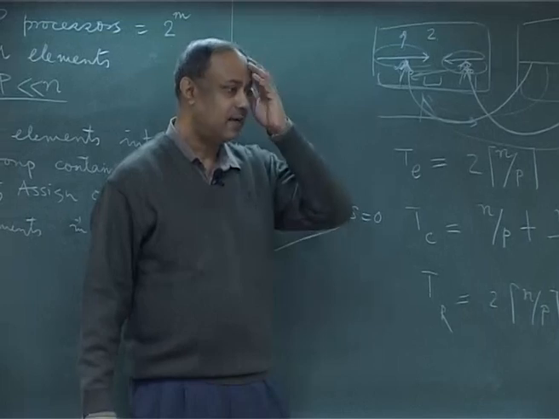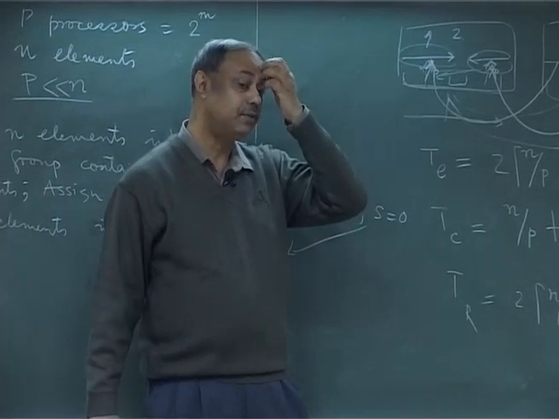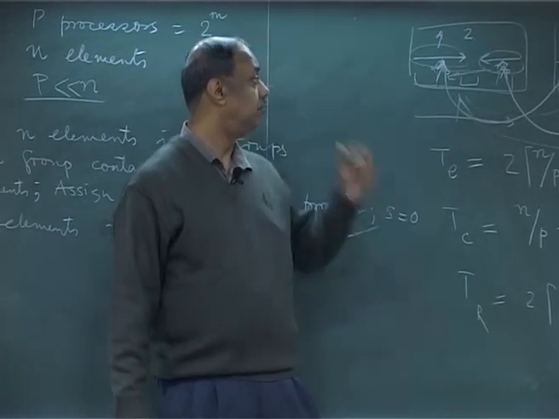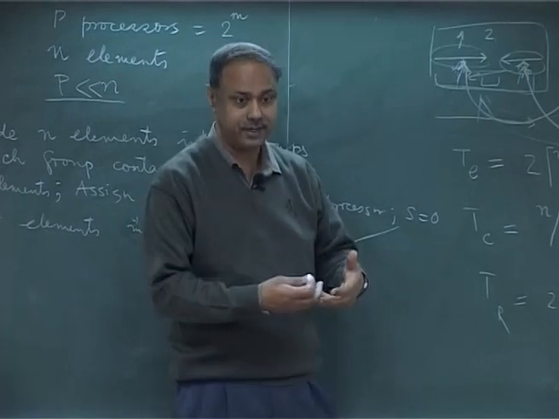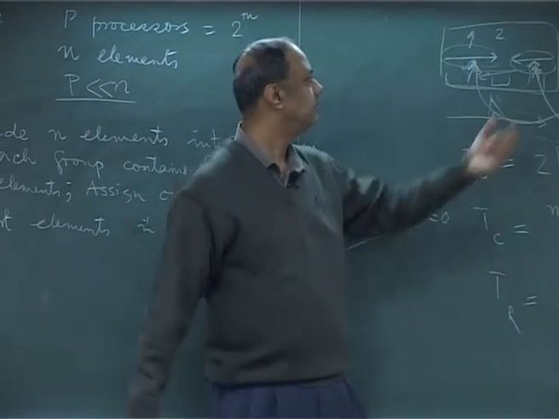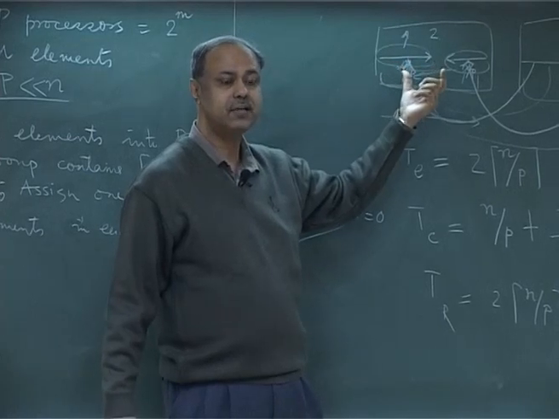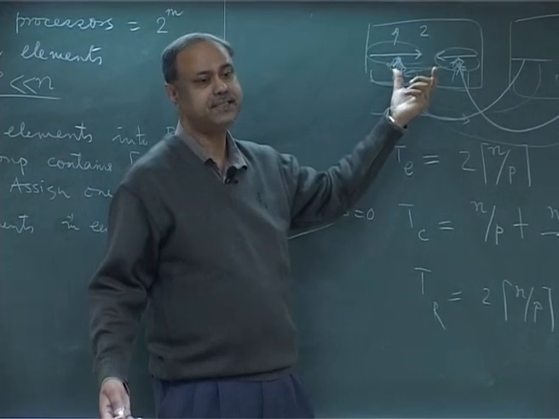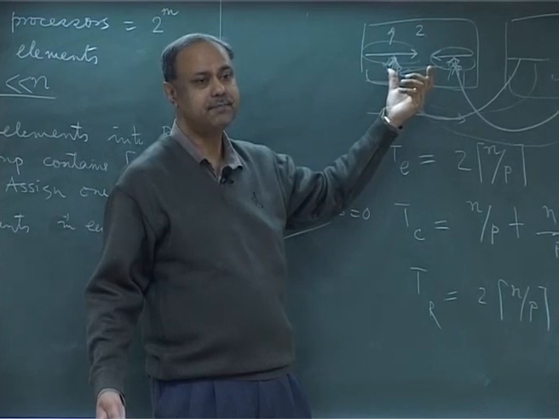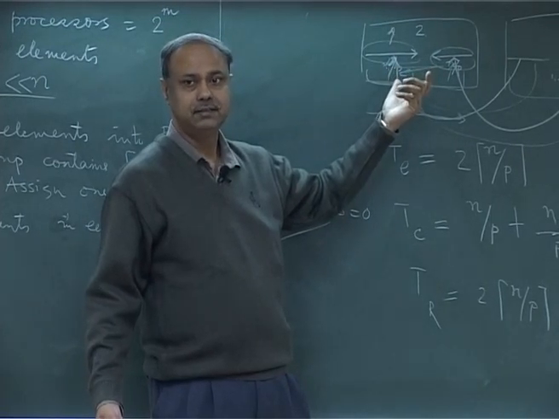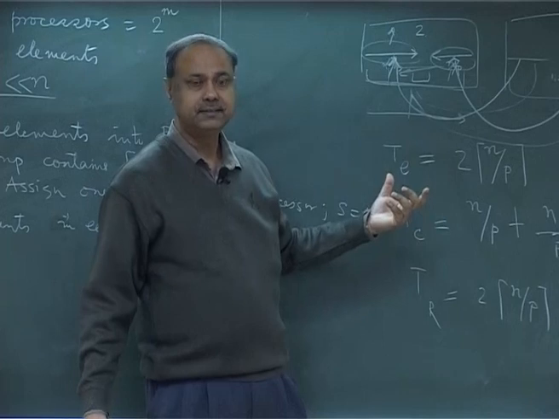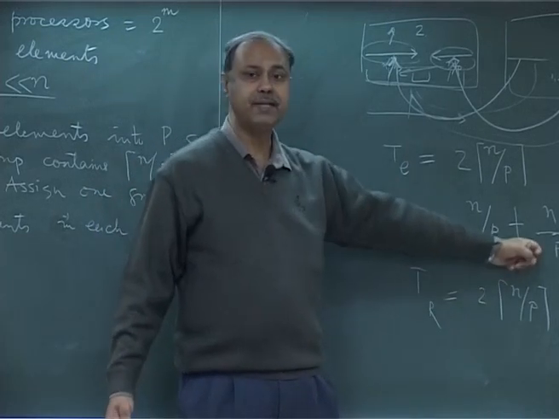Because once I have to merge the two sequences, I just bring all these elements and merge. Merge takes how much time? N by P plus N by P minus 1, that is M plus N minus 1.